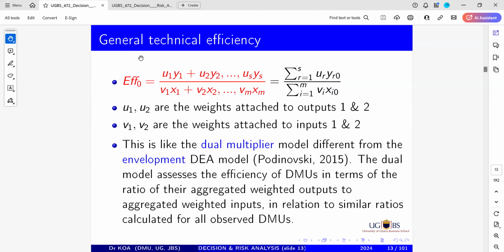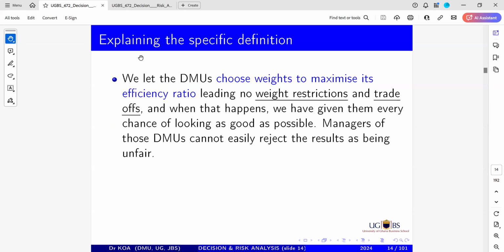This definition of efficiency is very important because it helps you to get a first-hand understanding of the linear program. Any fractional programming problem can be made a linear programming problem. And that is why this definition we are having here is very, very important.